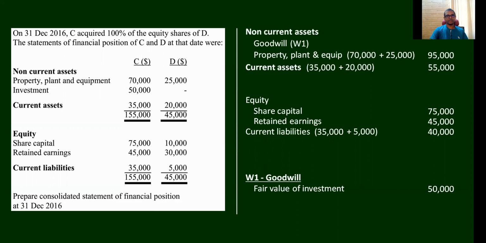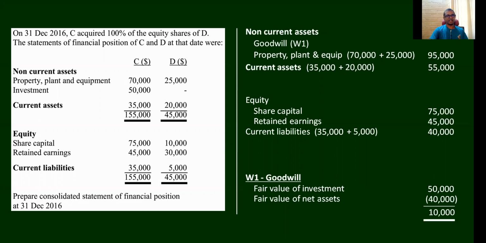And fair value of net assets, market value of equity. So that is share capital plus retained earnings, pre-acquisition reserves here, 40,000. So 50,000 minus 40,000, it gives you 10,000 goodwill.